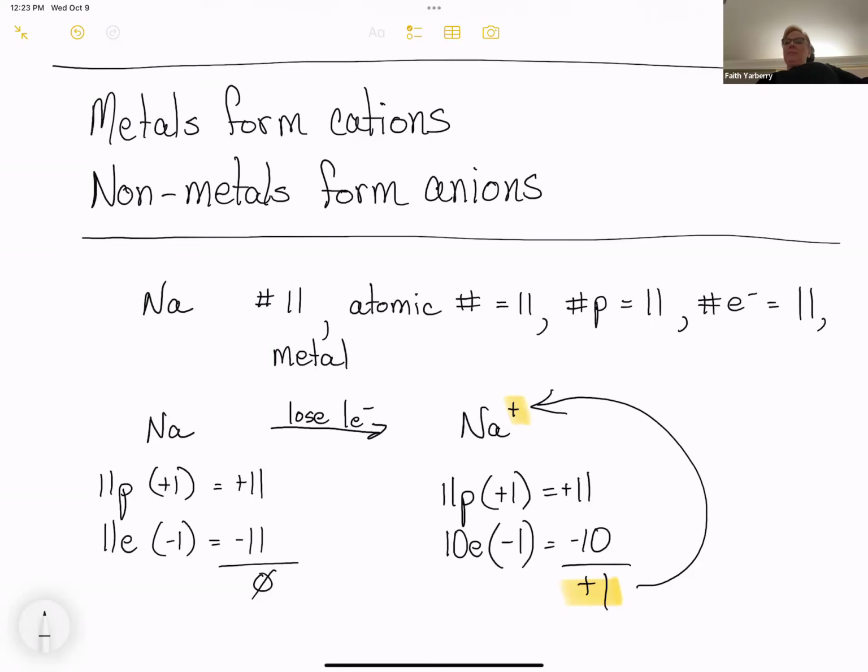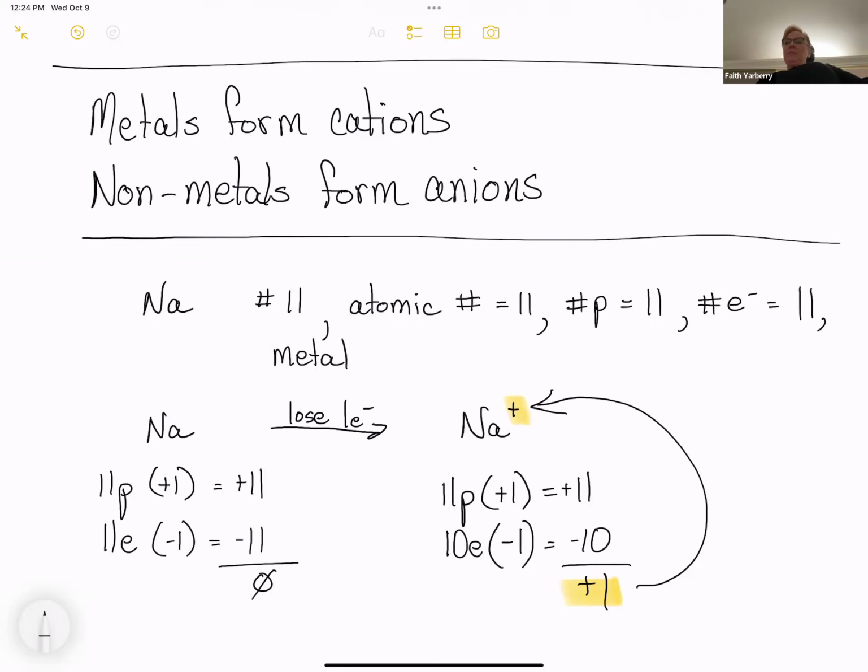Look at all of the elements in group 1. Look at all of your alkali metals. What charge do they have? A plus. Your alkali metals will always form a plus 1. I don't care who they pair up with when they make a compound.